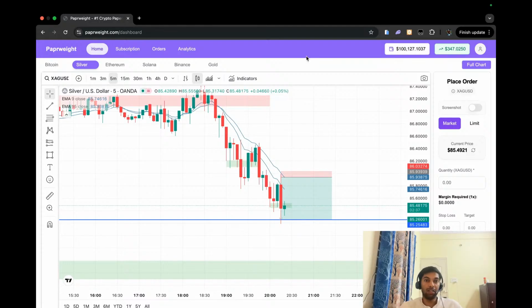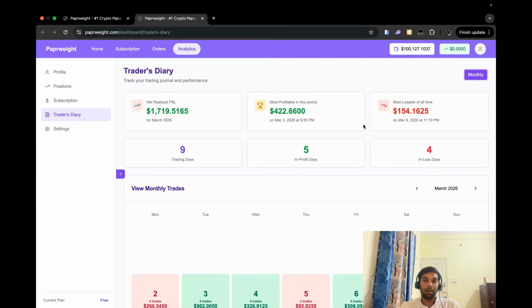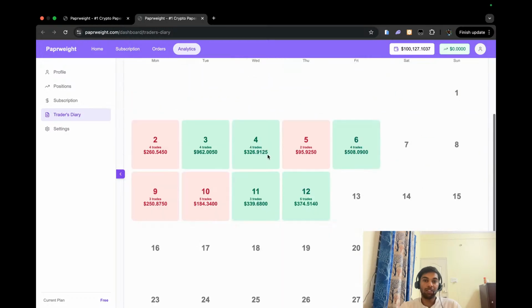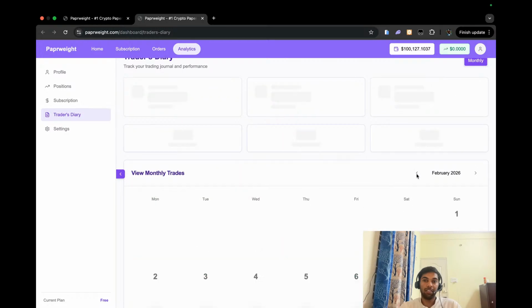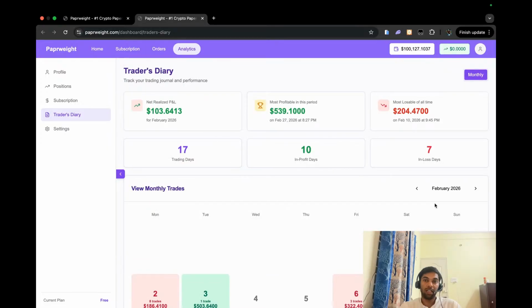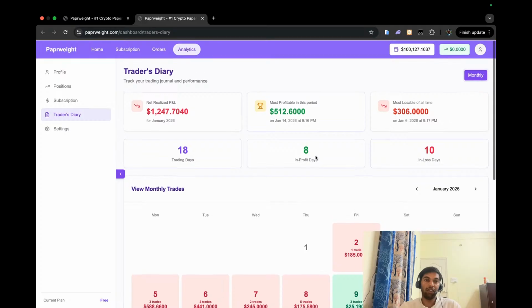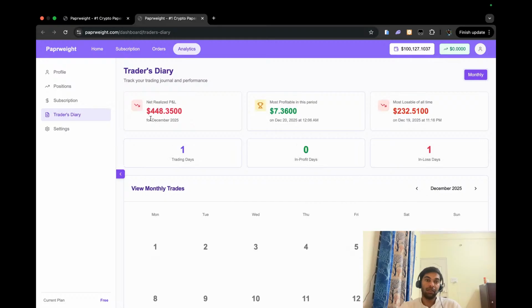Let me show you what I am telling you. This is the March month. March is already profitable, and this is Feb month, and this is December month. In January we had a drawdown of 1,247 plus 448, so more than 1,600 drawdown.